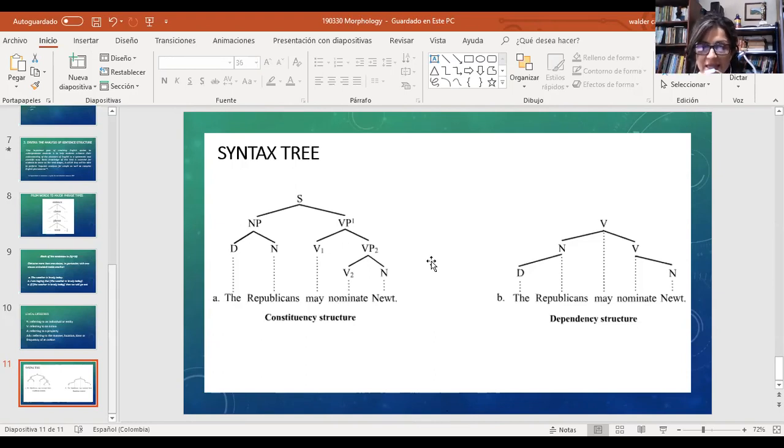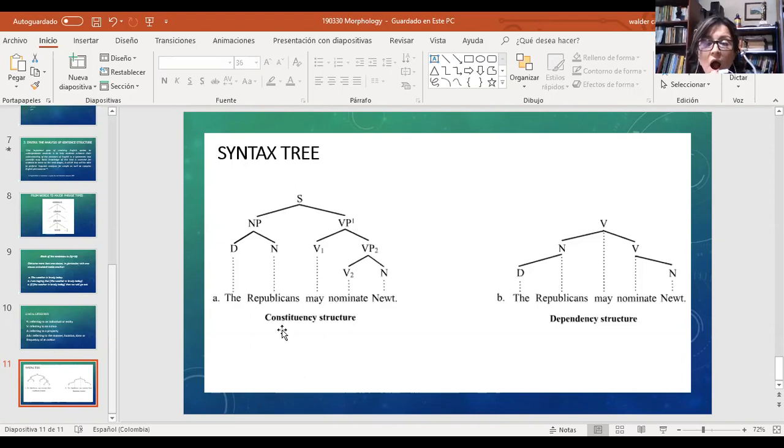to understand the analysis structure of that. You have the sentence, you have the noun phrase, you have a verbal phrase. The noun phrase has the determiner and a noun, the verbal phrase has a verb, the verbal phrase here has a verbal phrase number 2, and the verbal phrase obviously has a verb, and in this case has a noun too.